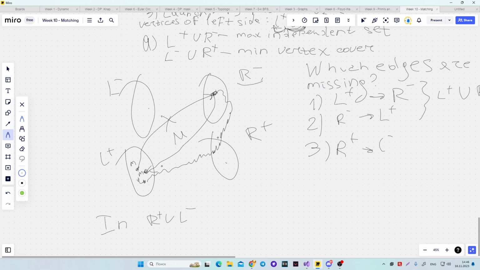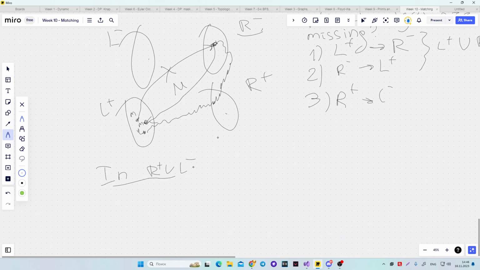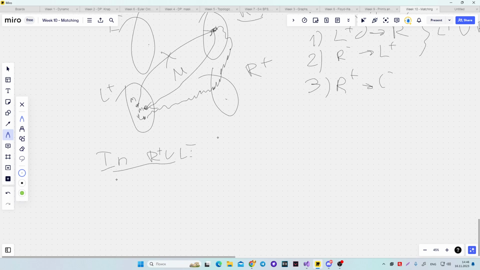Notice that in this set R plus union L minus there are no matched vertices. I already said why.